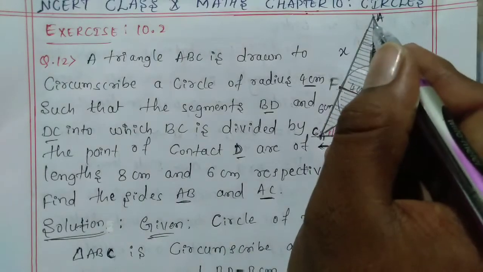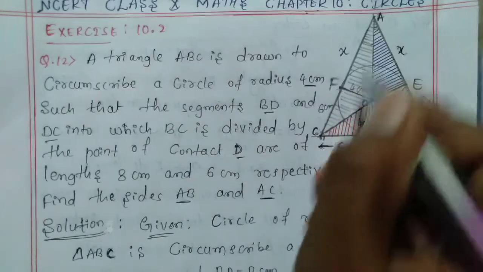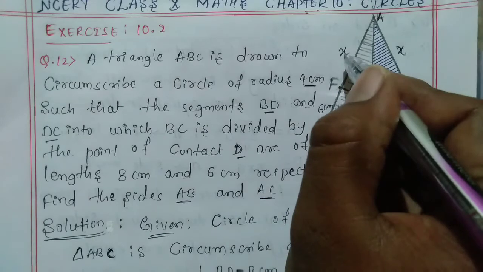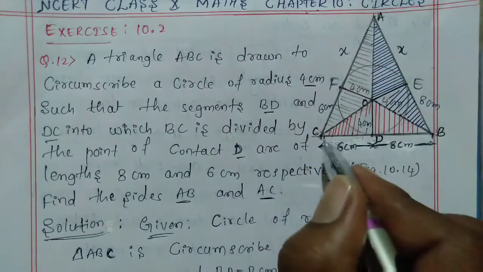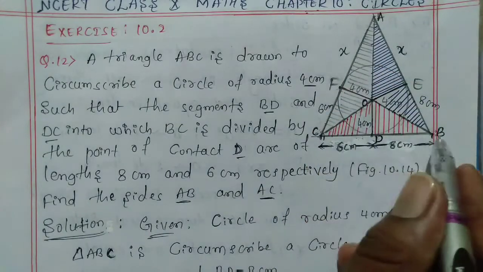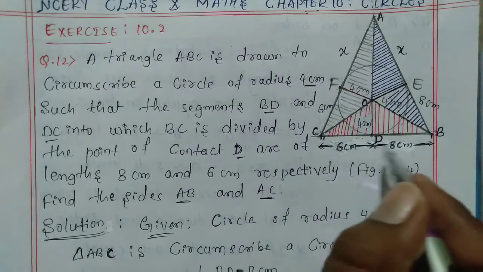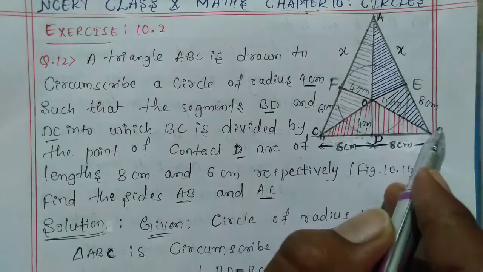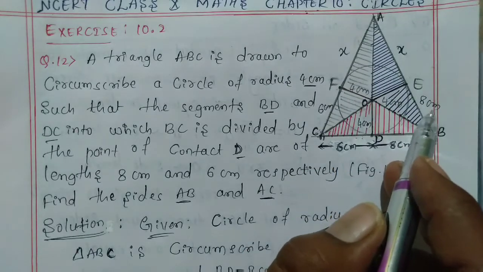Next I will write the side lengths. AC equal to 6 plus x centimeter, and BC equal to 6 plus 8 is 14 centimeter, and AB equal to x plus 8 centimeter.